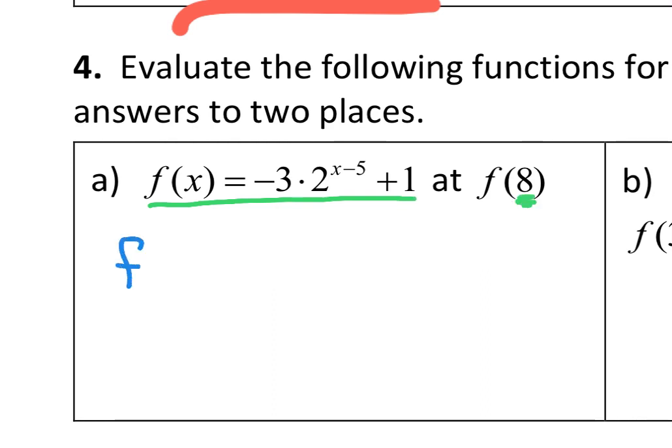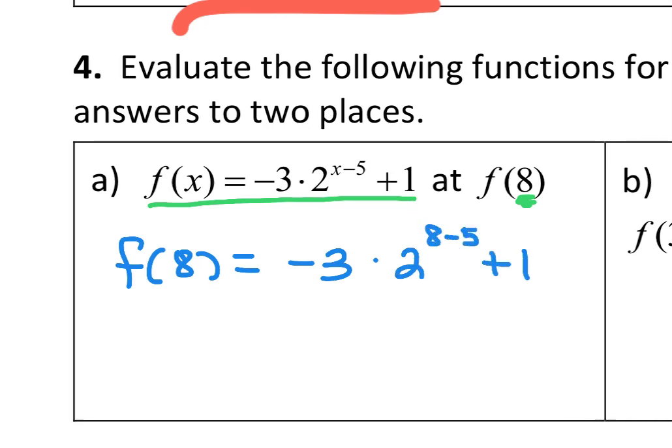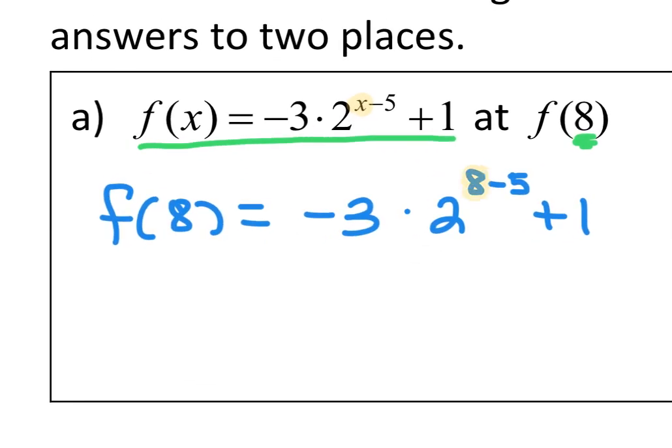And so you want to rewrite the function f of 8 equals negative 3 times 2 to the 8 minus 5 plus 1 power. And the only thing that you did was replace the x with the 8 from the function notation.